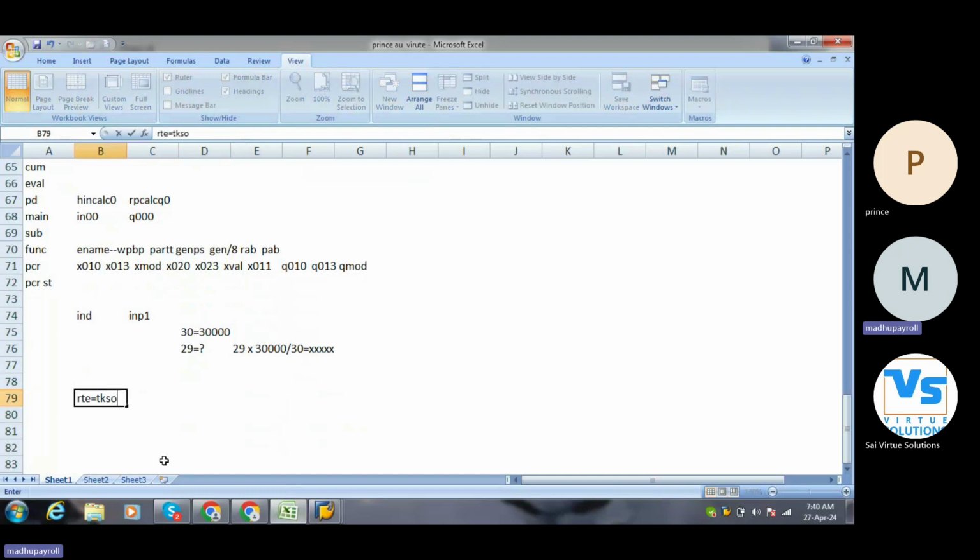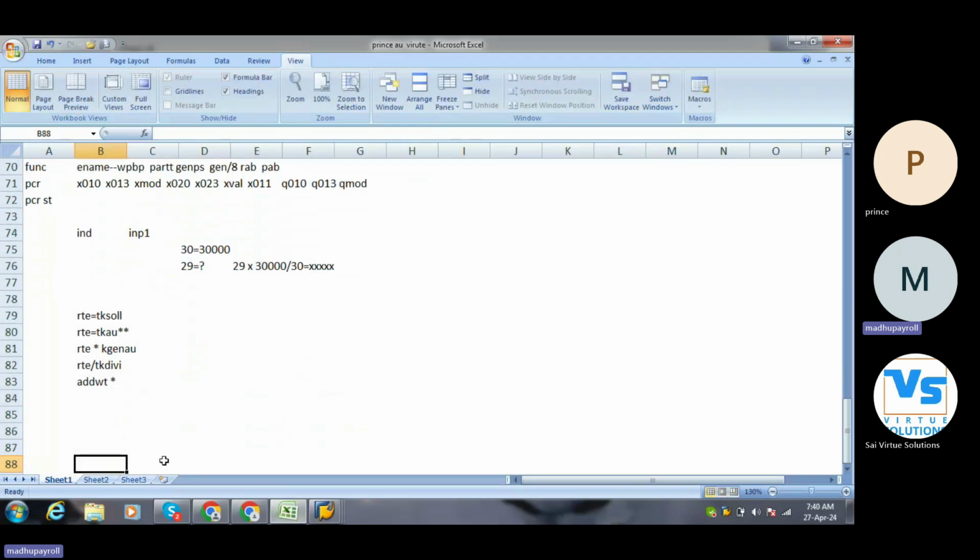Rate equals TKSOLL. Rate minus TKAU**. Rate into KGENAU. Rate by TKDIVI. Then ADDWT*. What does it mean?